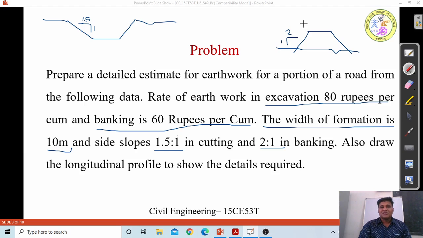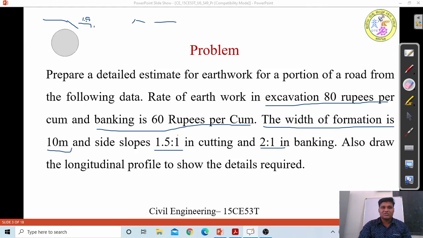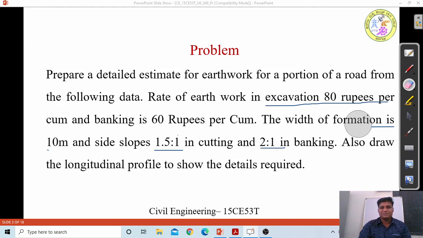This width is called the formation width, which is 10 meters. Typically we call this B, and the depth as D, and the slope as S:1. So this is the basic explanation for this problem.